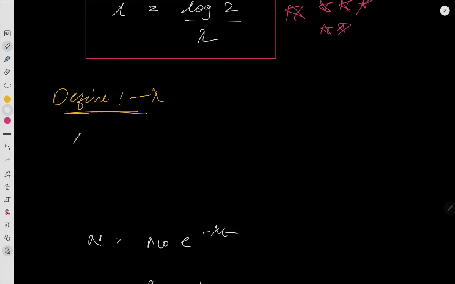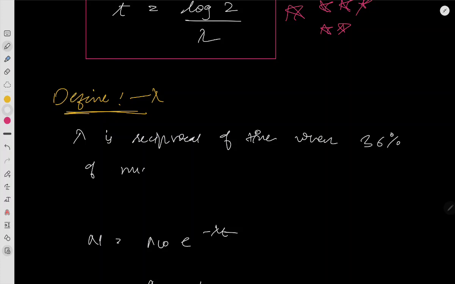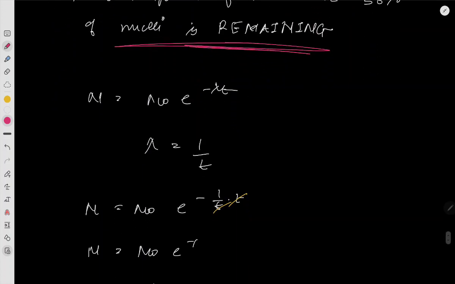Lambda is the reciprocal of time when 36% of nuclei is remaining. I've seen students making mistakes over this part, so I highlighted it like that.